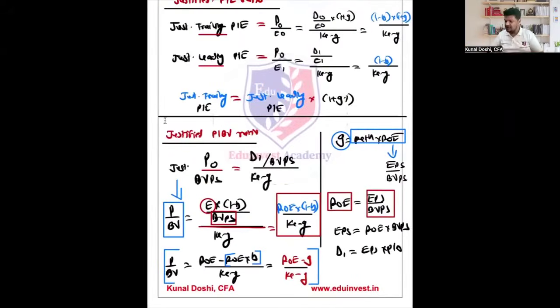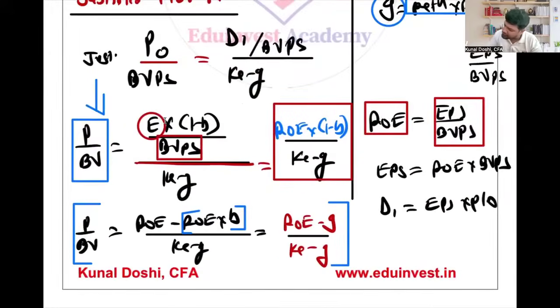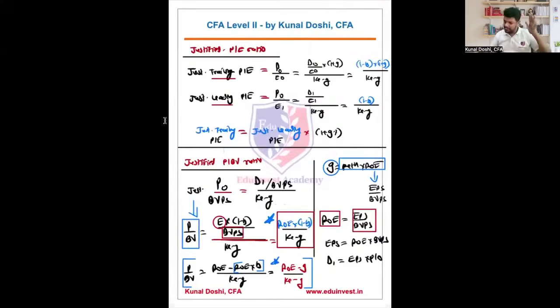The translation and the final formula? Clear? All you have to remember are these two formulas. First is the final formula of this justified price to book value, or you can also remember this formula. These two formulas you need to remember when they say justified price to book value ratio. Clear? Yes.